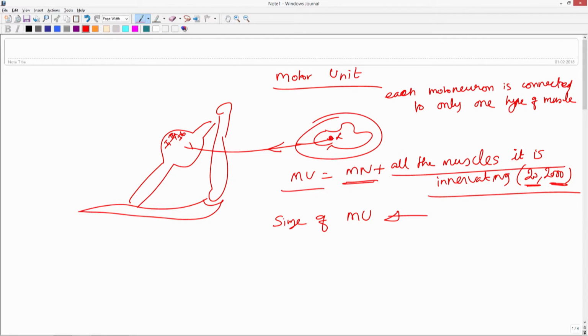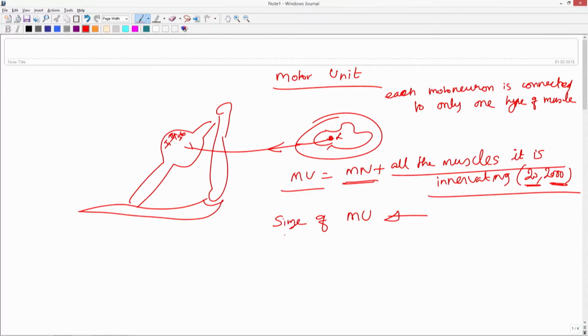There are many different sizes of motor units, small motor unit or large motor unit.